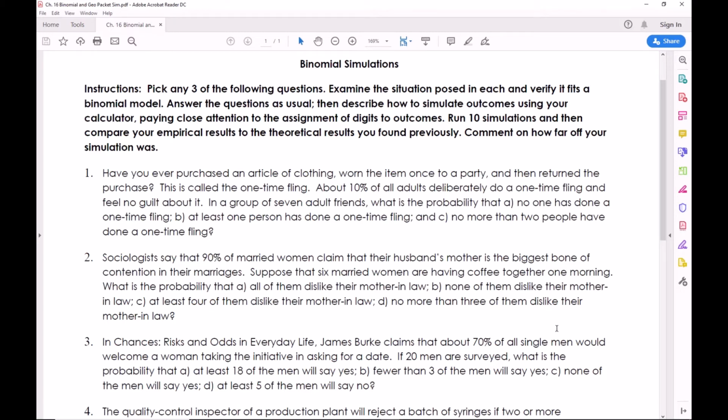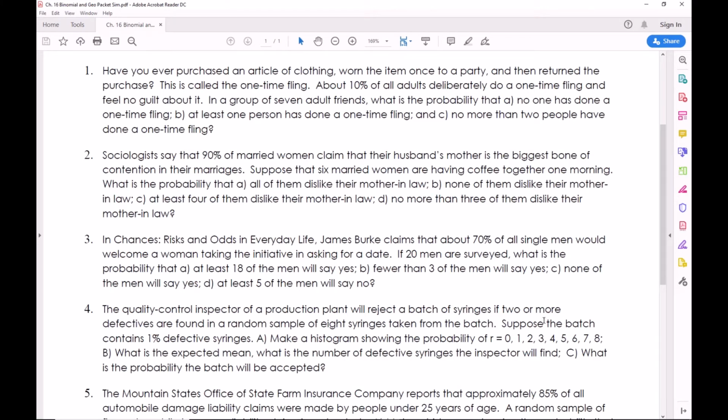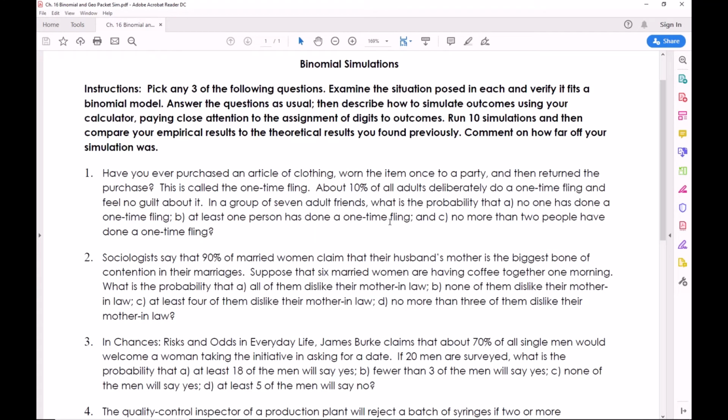It does tell you to pick any 3 of them, but as I looked further, it looked like in number 4 they're asking you to make probability histograms like right here, and I thought, yeah, no, we don't need to do that. So anyway, let's start out with this first one, and what we're supposed to do is set it up for a simulation, run 10 simulations, and then compare the empirical results, which means the results from your simulation, to the theoretical, which is just doing a binomial PDF or CDF on your calculator, and see how close they get.